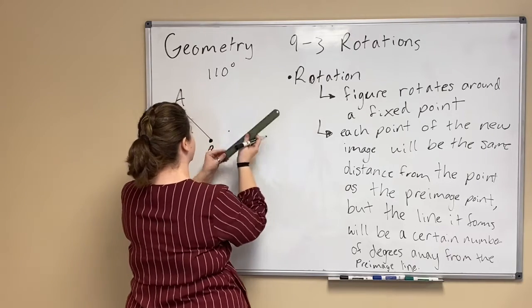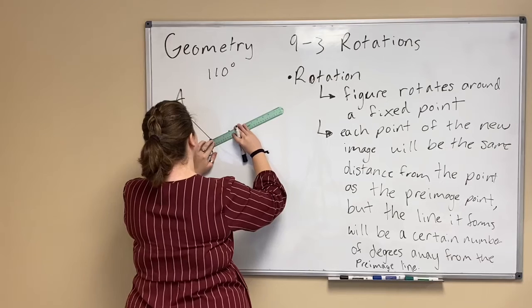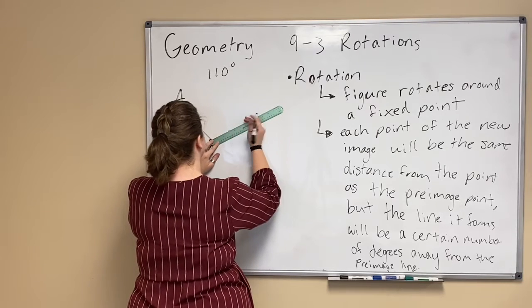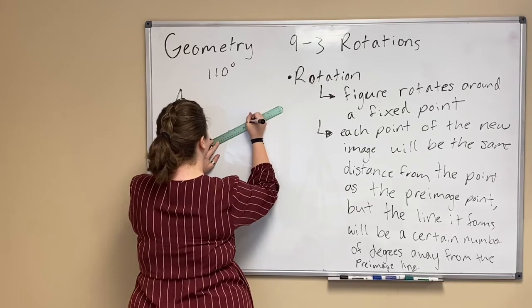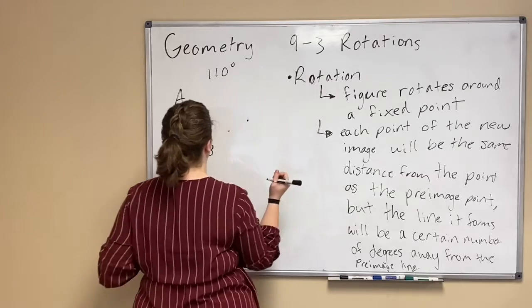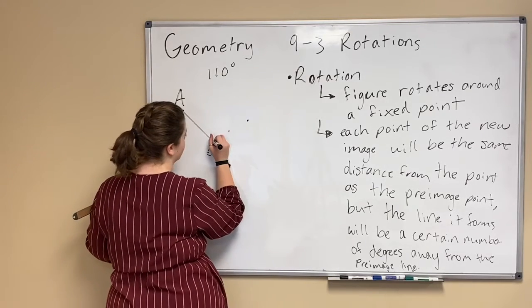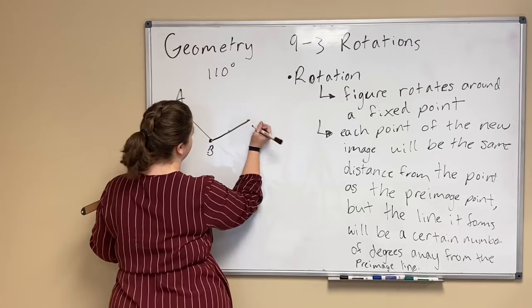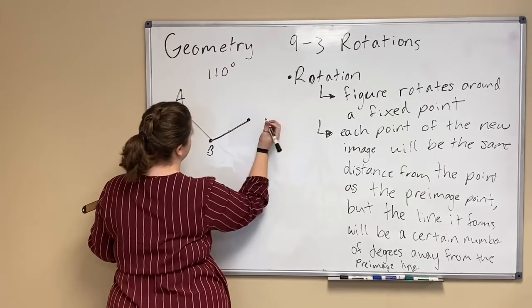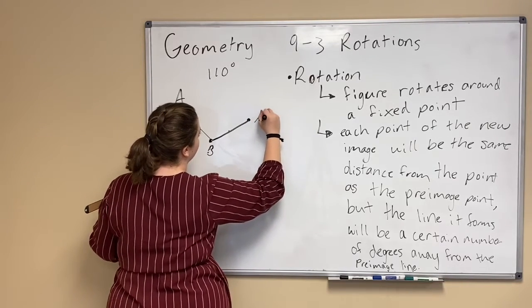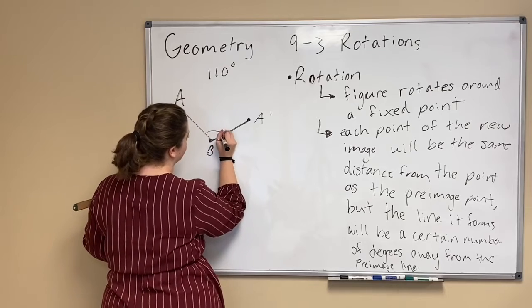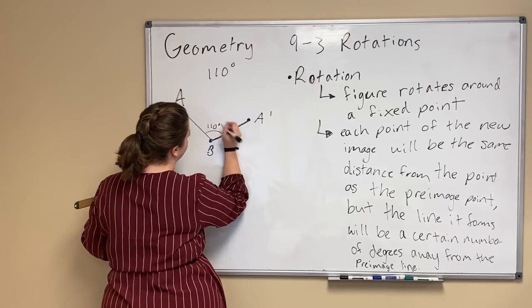Oops, that's centimeters. Keeping in line with this 110 degrees, I'm going to measure out 6.5 inches so that it's the same distance. And there's our A prime. We went 110 degrees away.